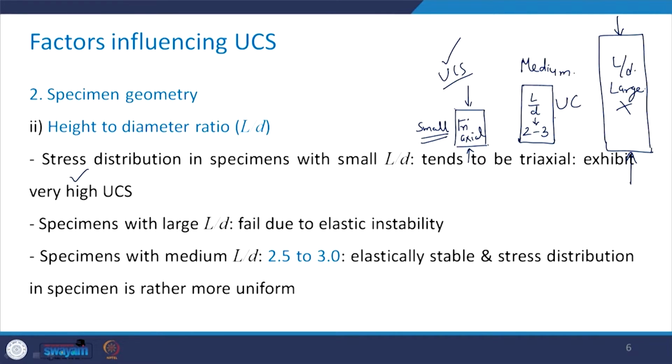So, this is elastically stable, as well as the stress distribution will be more or less uniform, and that will be uniaxial compression. That is the reason that the L by D ratio is taken to be 2 to 3. Please remember this, very important.